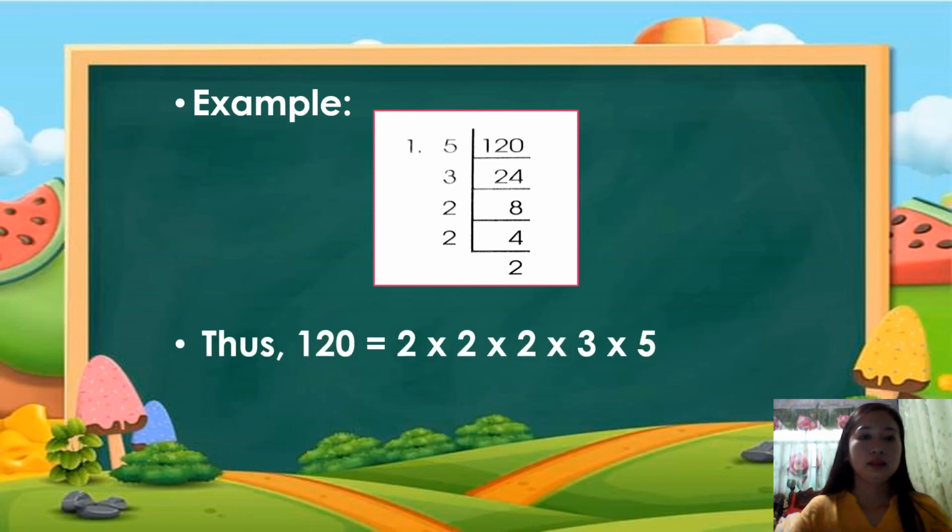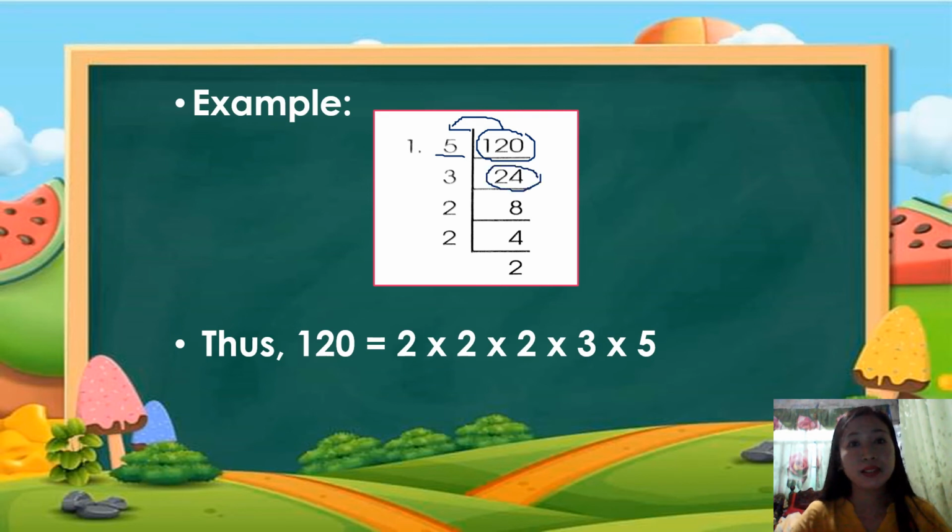Okay, let us now divide. The given number is 120. We divide 120 by the prime number 5. The quotient is 24.